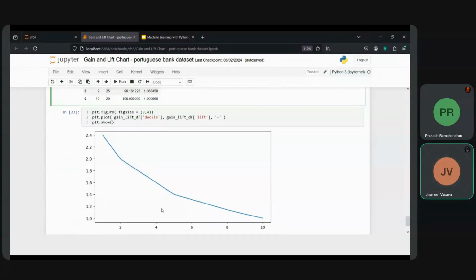So the model captures almost 2.4 times for decile 1, then for decile 2, and so on. For decile 3 it goes to around 1.8 or 1.7. Then for decile 4, it's 1.6 and so on.